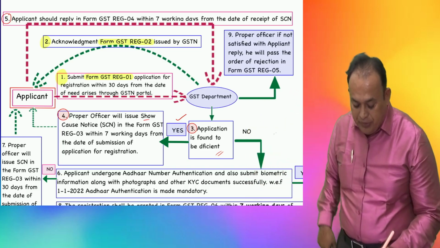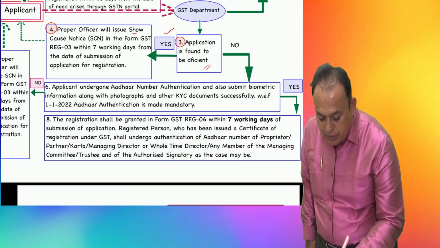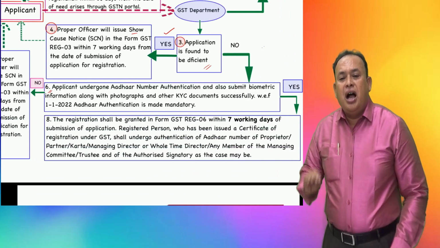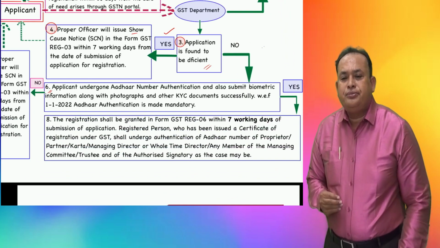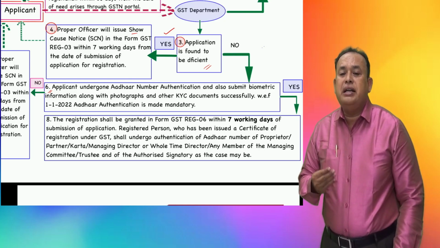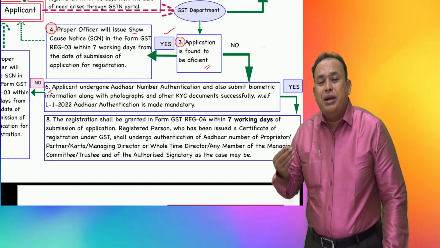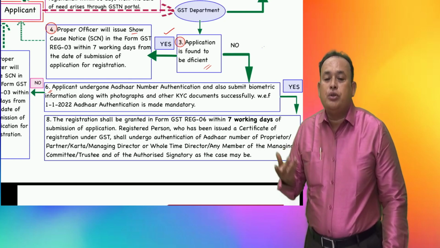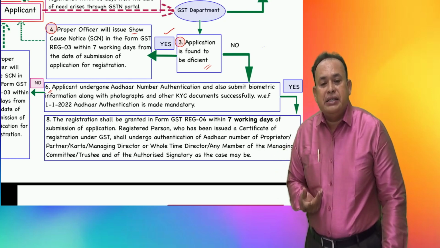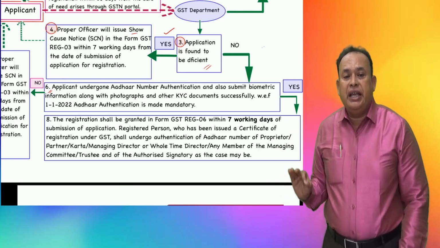If so, then step 6, where the applicant undergoes Aadhaar number authentication and also submits biometric information along with photographs and other KYC, know your customer, documents successfully.